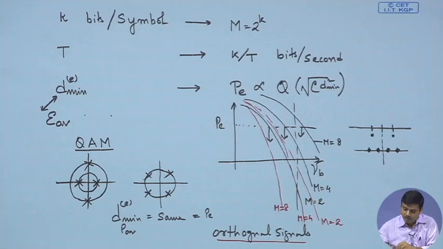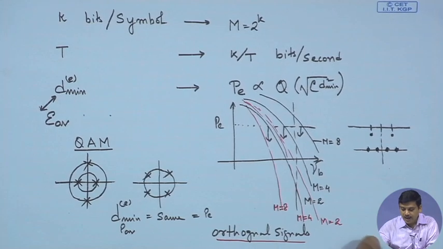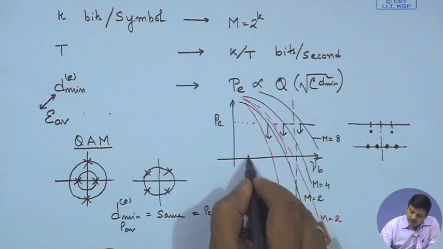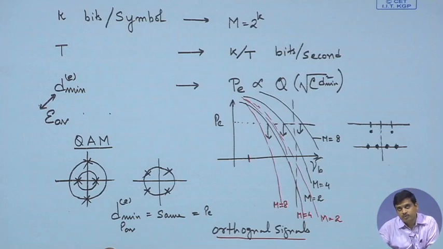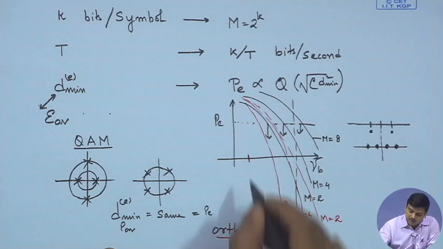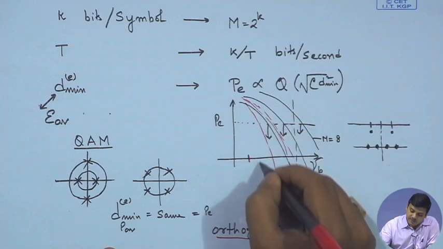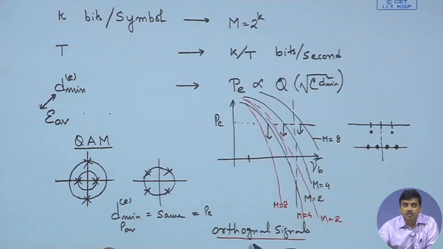And we did discuss what would happen if we keep on increasing M. If we keep on increasing M, is there a bound that we reach on gamma bar was one of the questions. But when we reach that bound, what we could actually get is to make the probability of error go to almost 0.